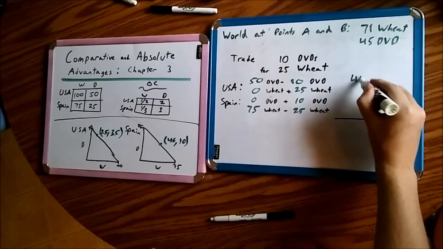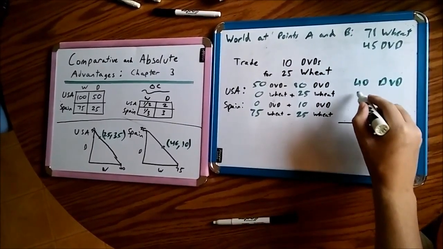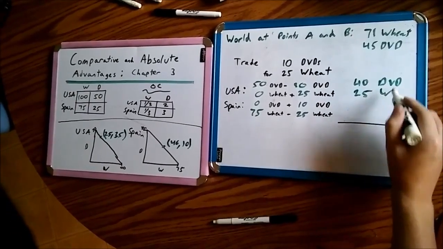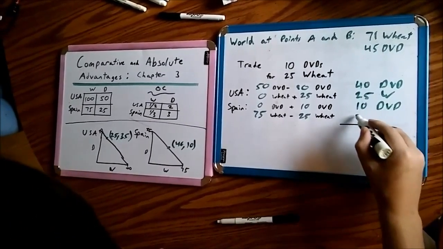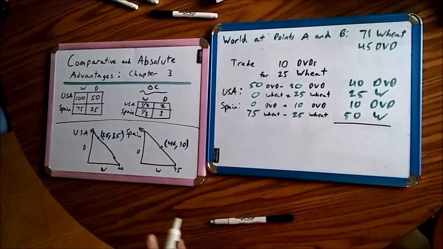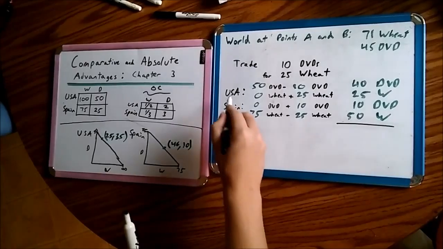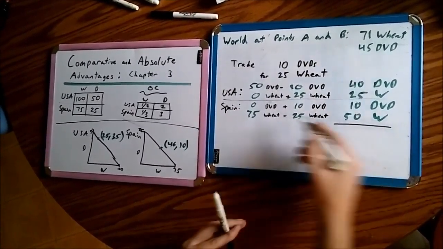So overall, the US will now have 40 DVDs and 25 wheat, while Spain has 10 DVDs and 50 wheat. Adding these up, overall, the world's production is still the same.